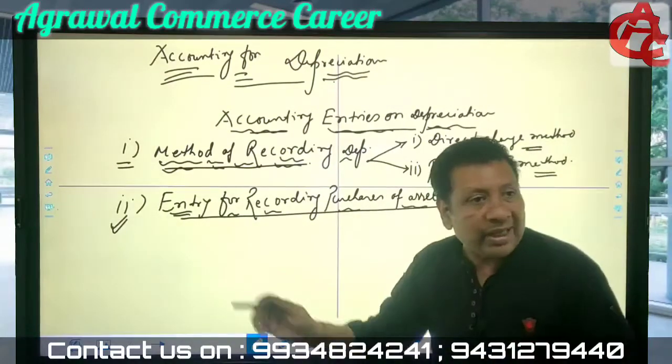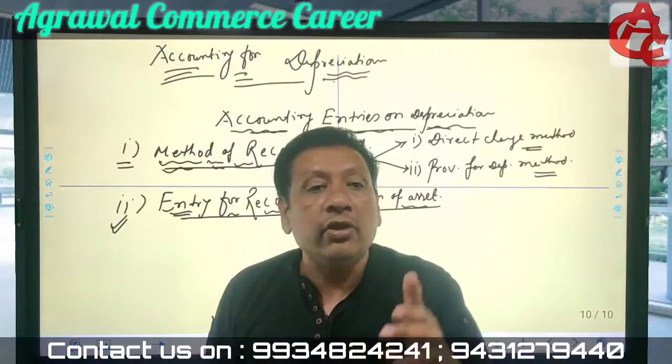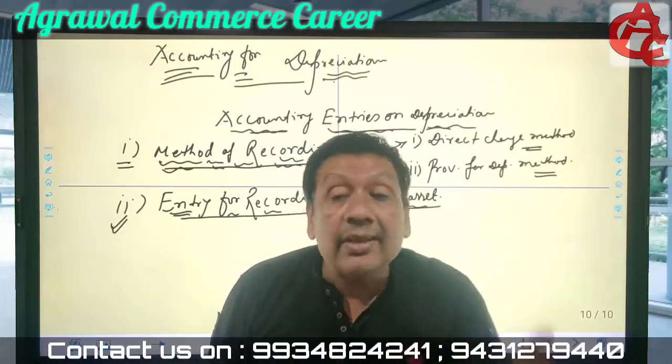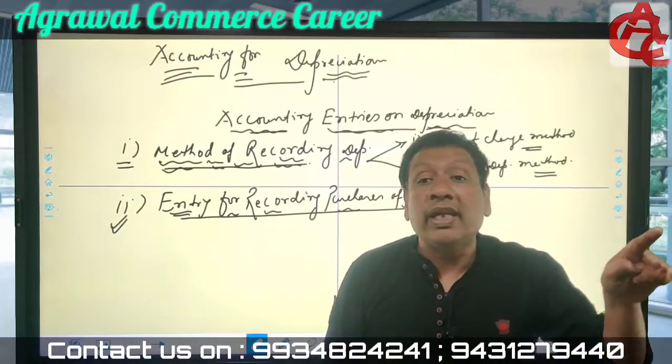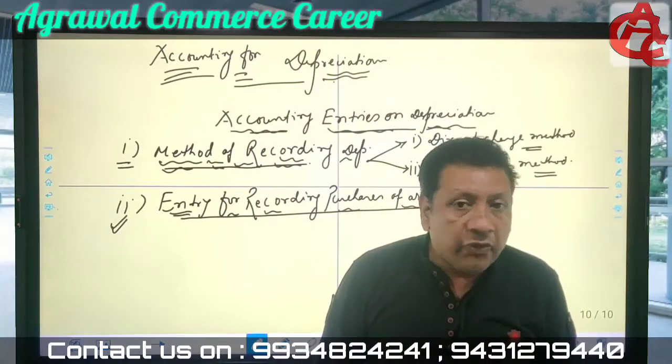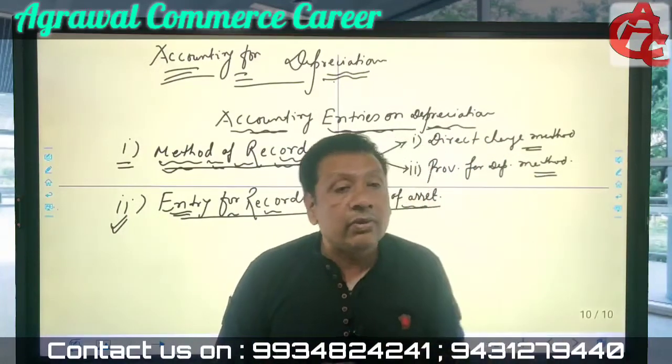While you are going to pass entries for the purchase of an asset, first of all you must keep in mind that the expenses incurred on such purchases must be debited to the assets account, because it should be capitalized. If you have paid carriage on the purchase of any asset, it would be debited to the assets account.